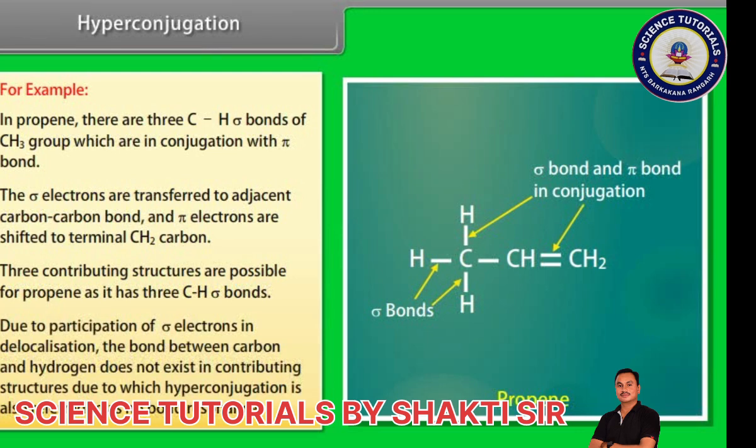Due to participation of sigma electrons in delocalization, the bond between carbon and hydrogen does not exist in contributing structures, due to which hyperconjugation is also referred to as no-bond resonance.